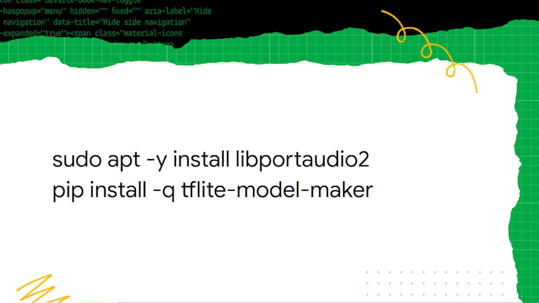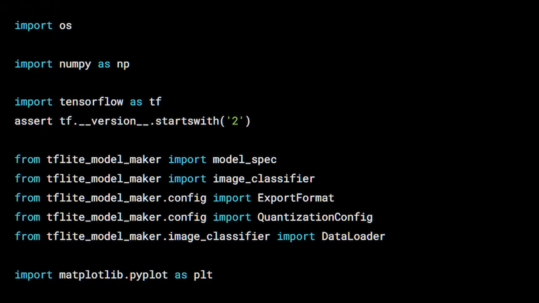And then you need to import the module TF Lite Model Maker. Next slide, please. Okay, so now on this screen, forget the fact that there's a lot of text. It's really just imports. So you'll import a bunch of things.